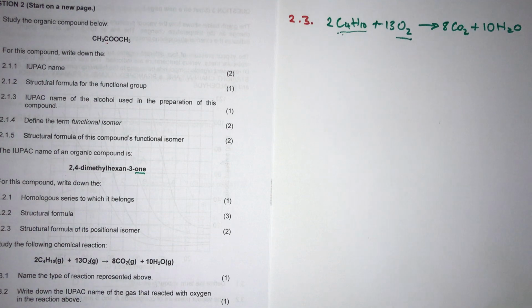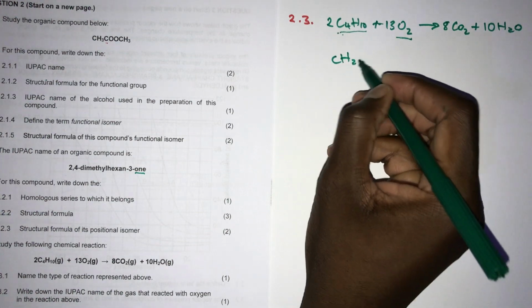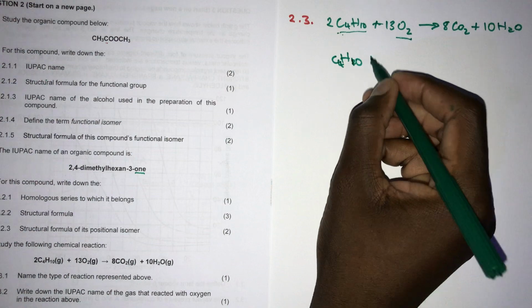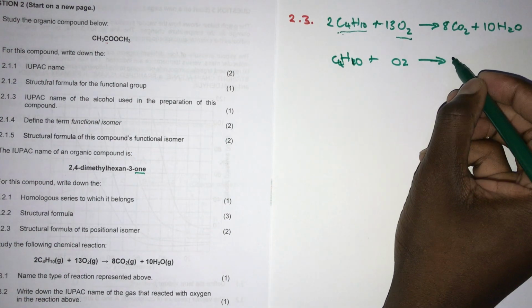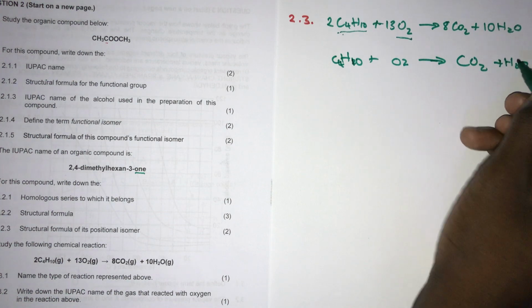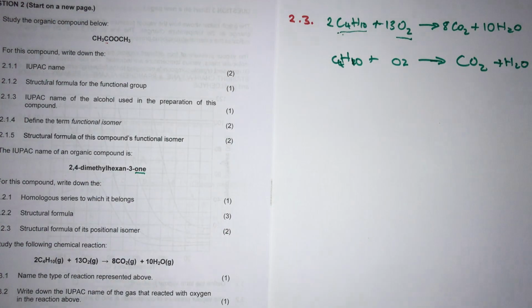After that, you balance the equation. So the original equation was C4H10 plus O2 gives us CO2 plus H2O. This was the first equation before they balanced it.